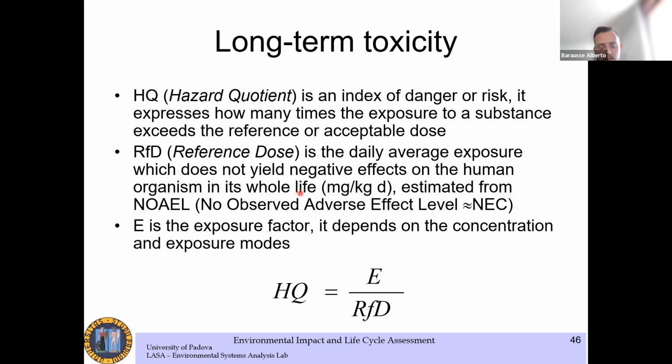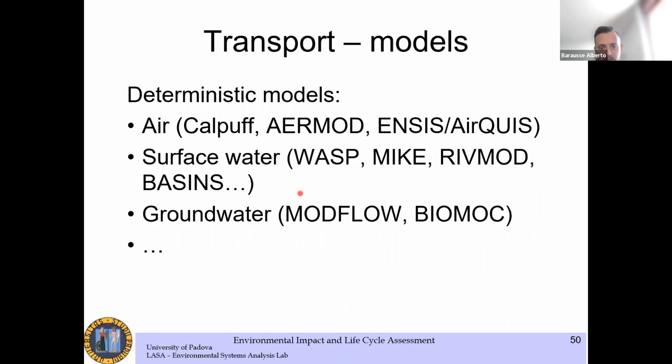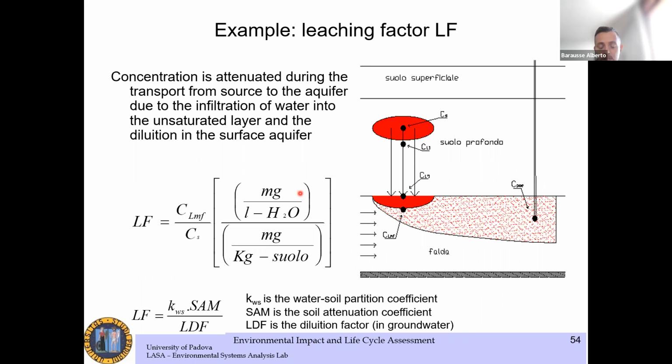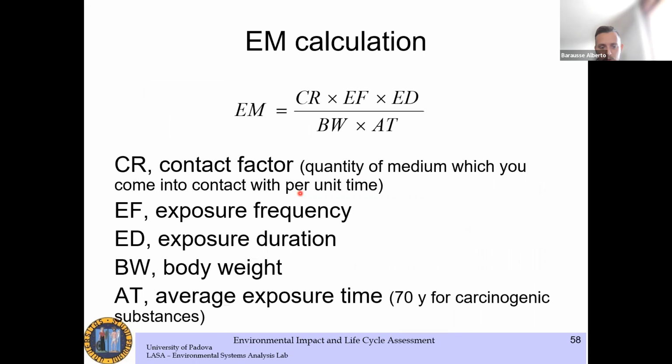So when you deal with toxicity, you must make calculations over the lifetime of your target, because some pollutants can bioaccumulate, can accumulate into the tissues of the human body. So you also need to assume average exposure time, for example, 70 years for carcinogenic substances, because this affects the final risk calculation.